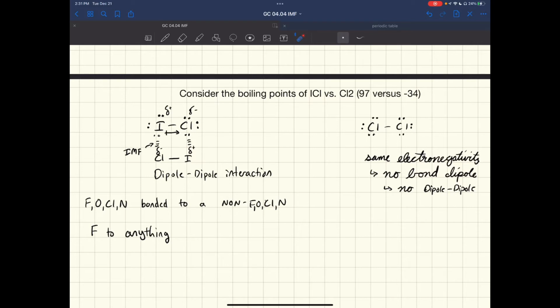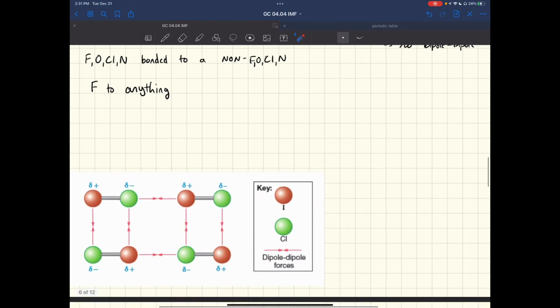We consider things that have boiling points greater than, let's say, room temperature to have high boiling points, and things less than room temperature to have low boiling points. All right, so negative 34 degrees Celsius, that's quite cold. That is a low boiling point. 97 degrees Celsius, that's almost the boiling point of water, that's a high boiling point. So this dipole-dipole interaction is going to make a big difference in the boiling points of these 2 compounds.